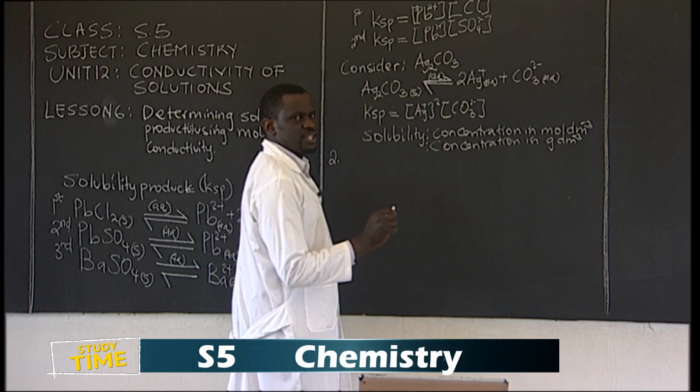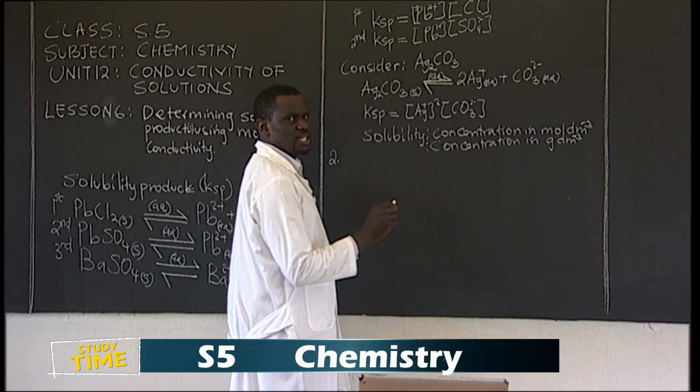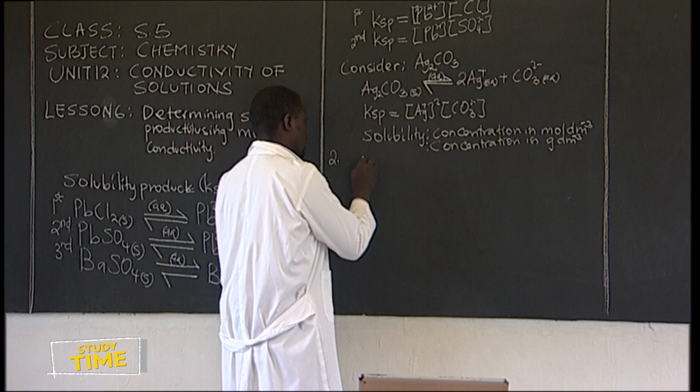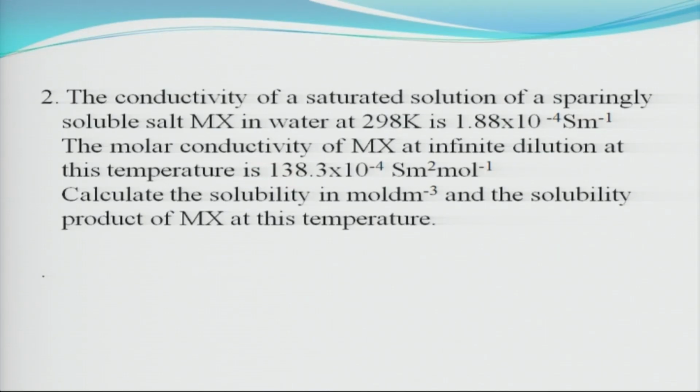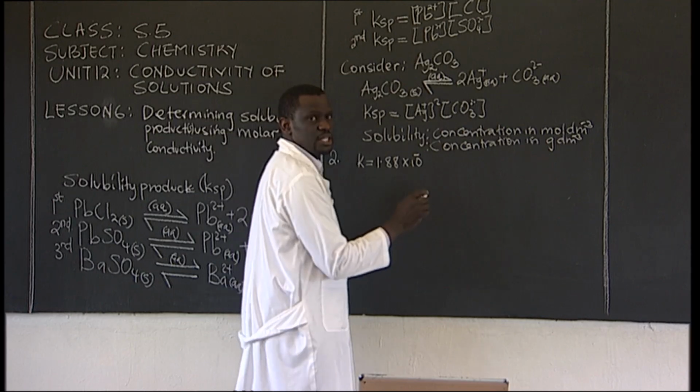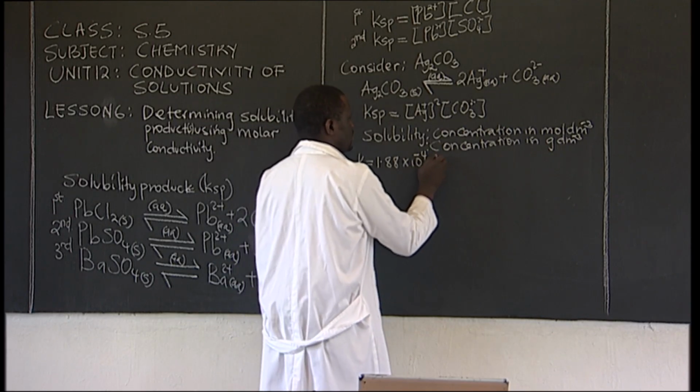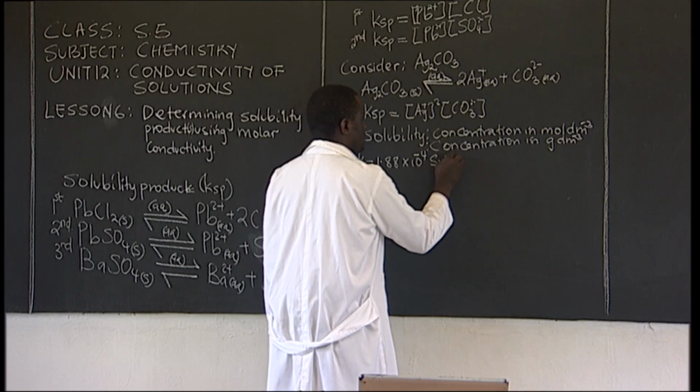Quickly, we try to note what is given. What is given is kappa, which is 1.88 times 10 to the power negative 4 Siemens per meter.